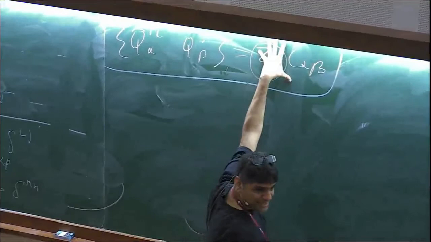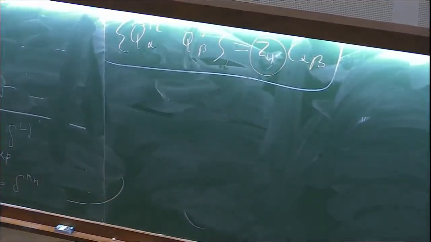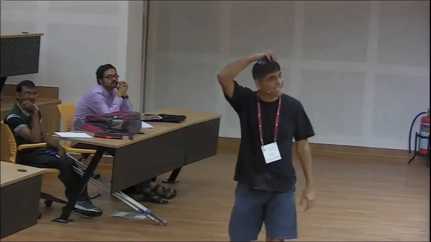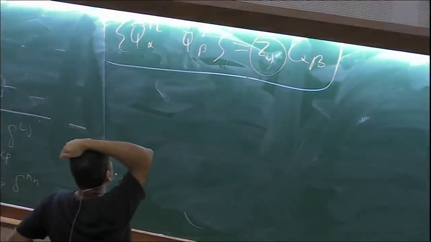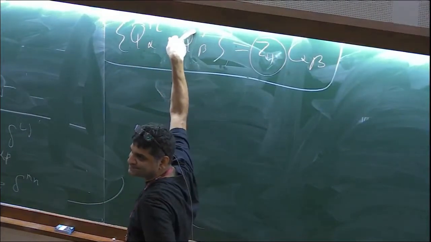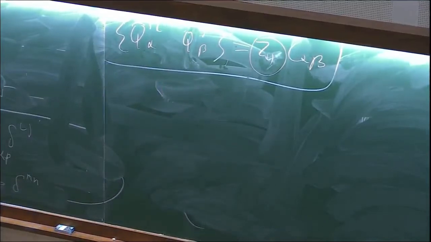Let's first look at the situation where Zij is equal to 0. Must Zij be antisymmetric in I and J? Not in this case, because Q plus and Q minus are completely different things. The antisymmetry or symmetry would be forced by looking at the antisymmetry or symmetry of the left-hand side.